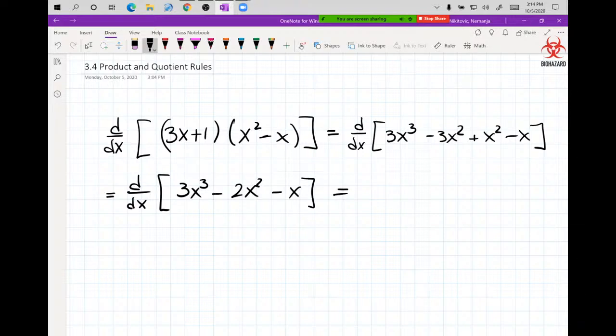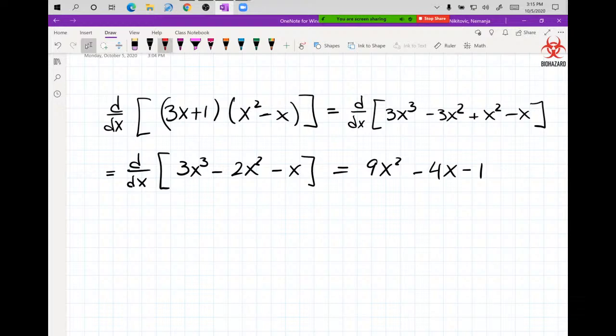So now you can just take the derivative as 9x squared minus 4x minus 1. That's a 4. So you have a way of taking the derivative of a product, because this is clearly a product of two functions. But in order to do that, right, we had to be able to FOIL.